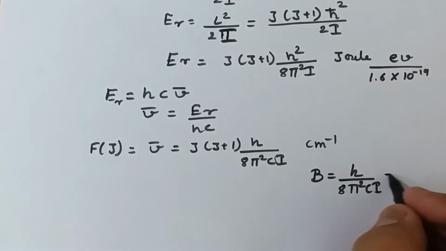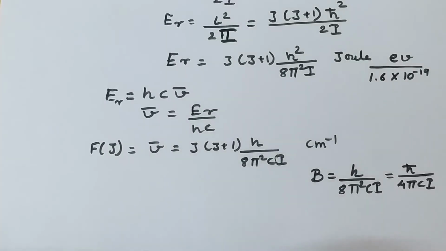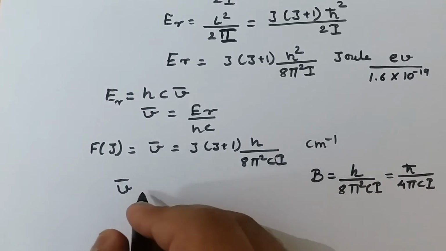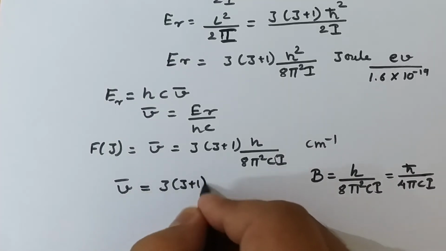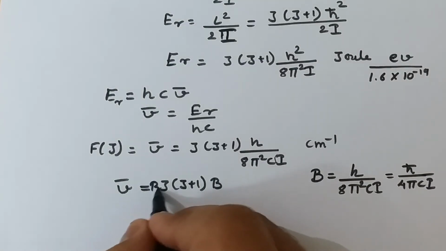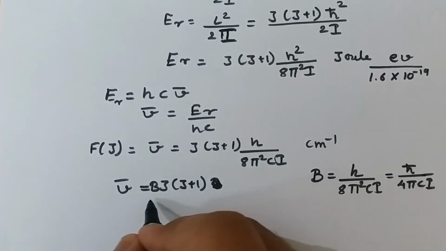Or in many books it is represented as h cross upon 4πCI. So both are essentially the same thing, and hence we can take B is equal to all this constant, and hence our representation will take the form μ bar is equal to J into J plus 1 B, or I can write B ahead, so it will be B into J(J+1), where B is known as the rotational constant.